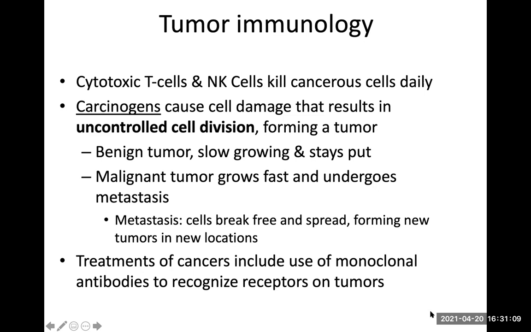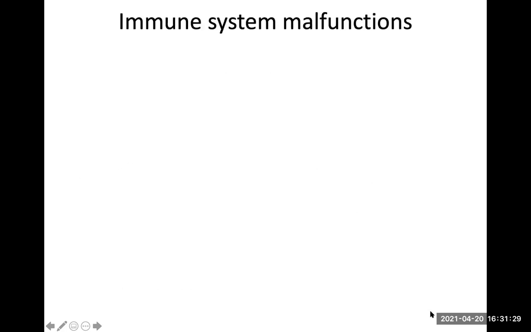Of course, we also have chemotherapy, chemical therapies, and radiation therapy, and all sorts of different things that we can do. But the use of monoclonal antibodies is really great because it doesn't have side effects like radiation and chemo.